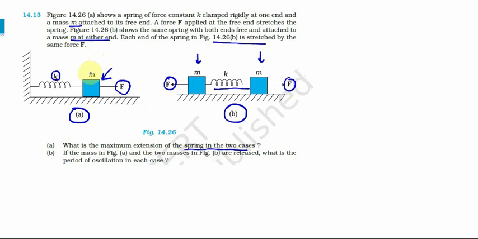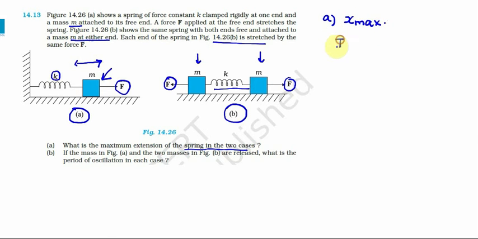So the problem is pretty simple. We need to calculate the maximum extension in the two cases. If I consider case 1, when I apply an external force F on the block, the spring gets stretched, and in the equilibrium position, when the extension is maximum, suppose the maximum extension is X max.